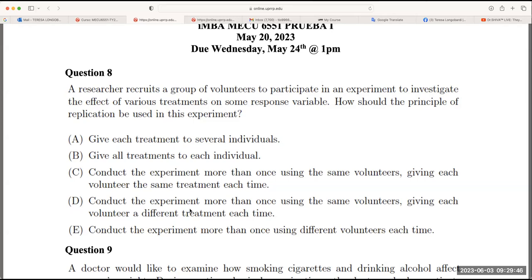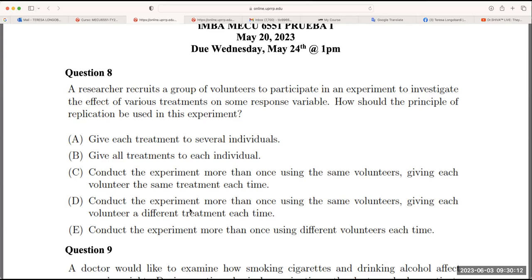It's just that you have enough individuals receiving the treatment. It's not repeating the experiment. Yeah, but like you mentioned, that's the reason we chose it, because A felt like it didn't have enough information on the answer. Yeah, but those are all wrong.